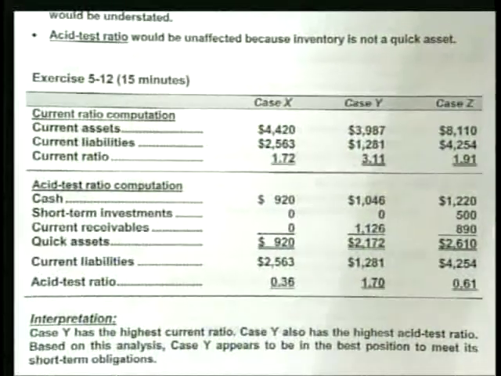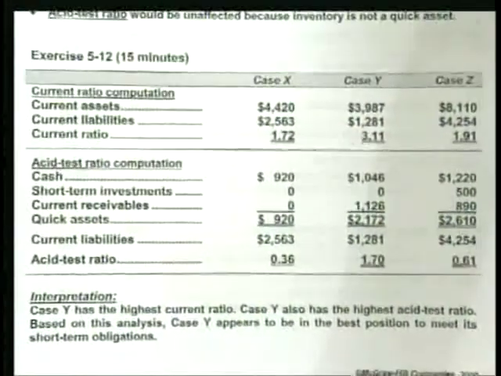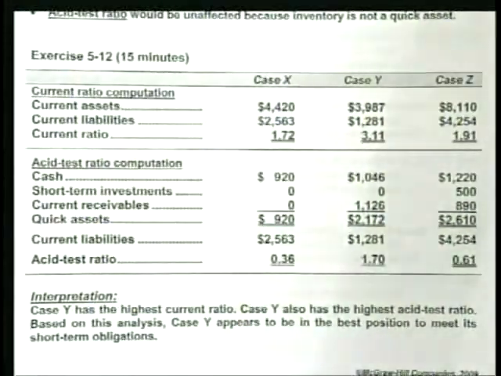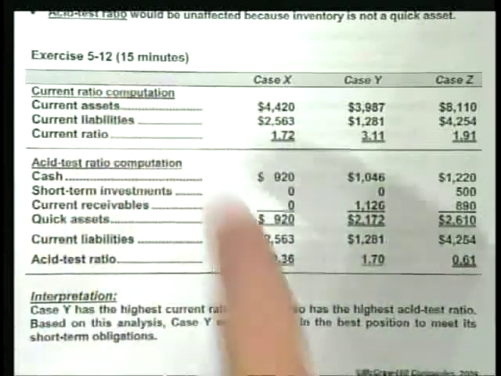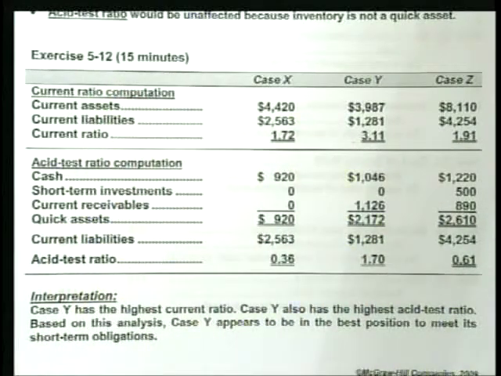Okay? Now, they want us to compute both of them, don't they? So let's do that real quick. Okay, let's take a look at that. Let me let you check your answers here for a second. This is the current ratio where it's current assets divided by current liabilities.